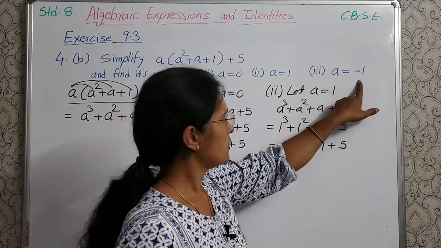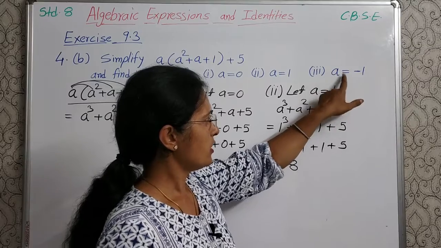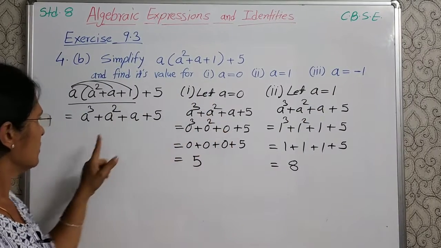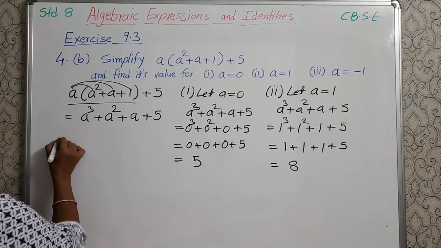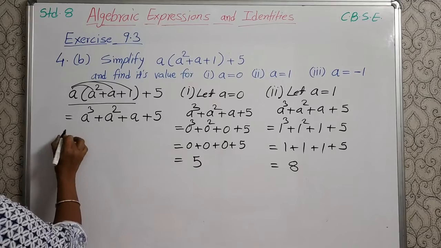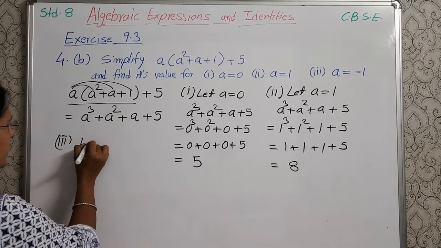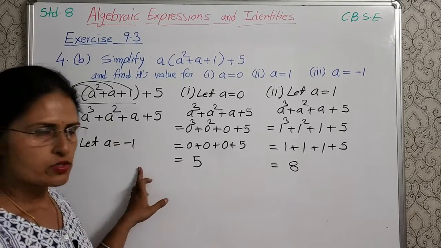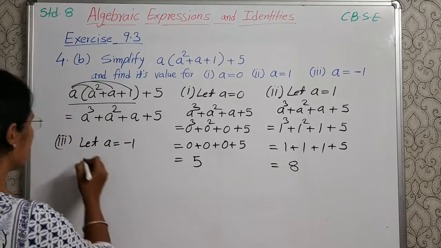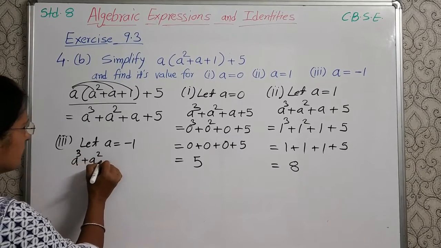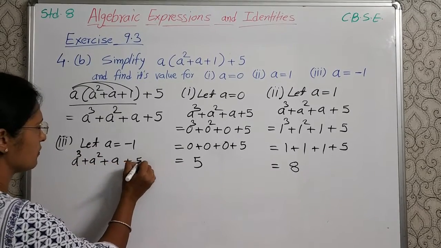Now see the third one. Let us substitute a is equal to minus 1 in the same expression. Now I will write that third one here. So third, let a is equal to minus 1. Now write this expression a cube plus a square plus a plus 5.